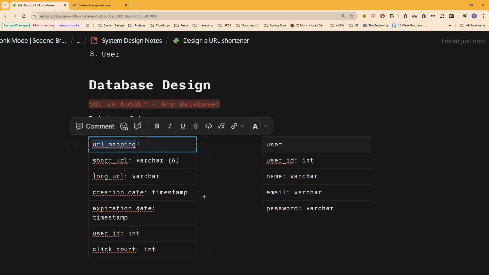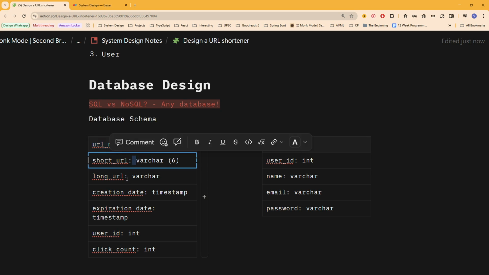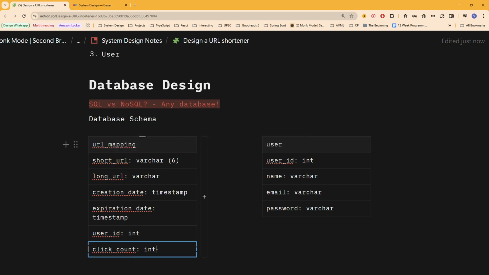This is a URL mapping table where we are using short URL, long URL, creation date, expiration date, user ID, and click count, which may be required. There may be questions where you extend this and add an analytics service to analyze how many clicks there were per URL; that way you can use click count. Other than that we can have a user table. Obviously, I don't think this is required for this particular problem statement, because here we are more concerned about the URL shortener, so you can avoid this.